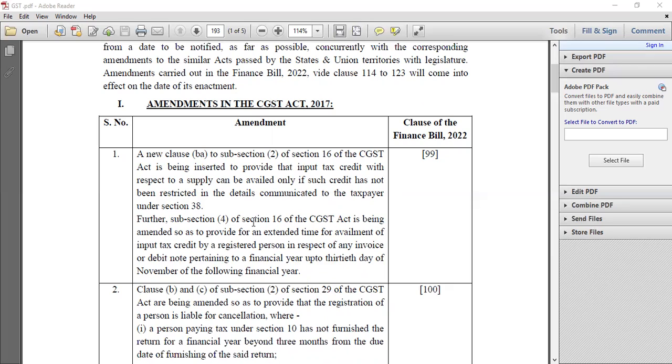If the taxpayer forgets to avail ITC during the financial year 2020-21, then the taxpayer can avail that ITC by 30th November 2021.